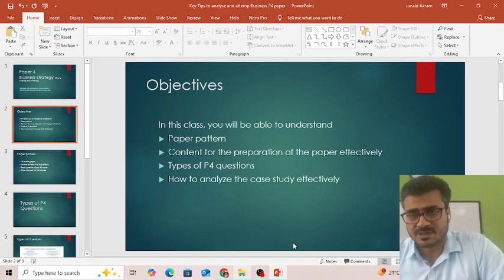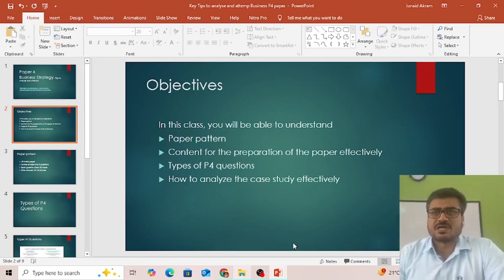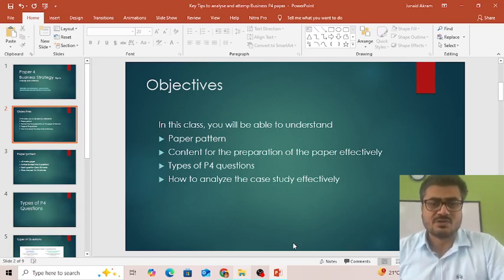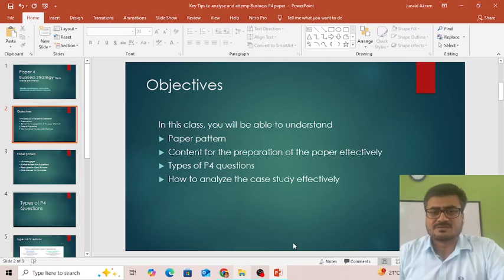That is very important, because we are going to analyze the types of questions the examiner has been asking for the past couple of years, and categorize them into two types, and discuss these two types in detail in today's lesson. So this lesson is going to be quite important for you students.